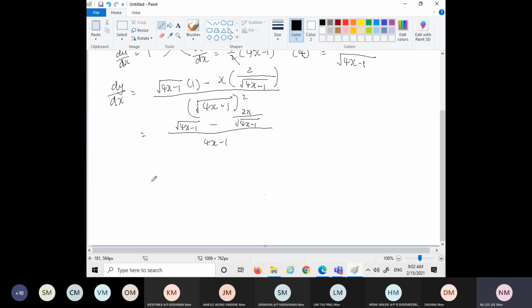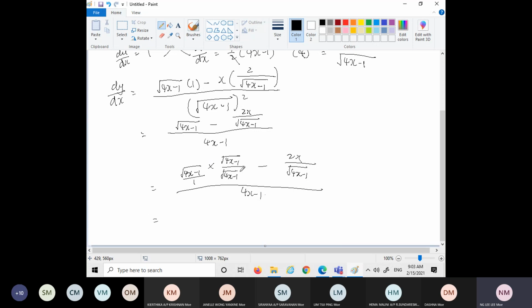Continue. This part I'm going to do like just now. Share the common denominator, which is 4x minus 1. Here the denominator is 4x minus 1, so I'm going to times 4x minus 1. This one actually is over 1, over again 4x minus 1.